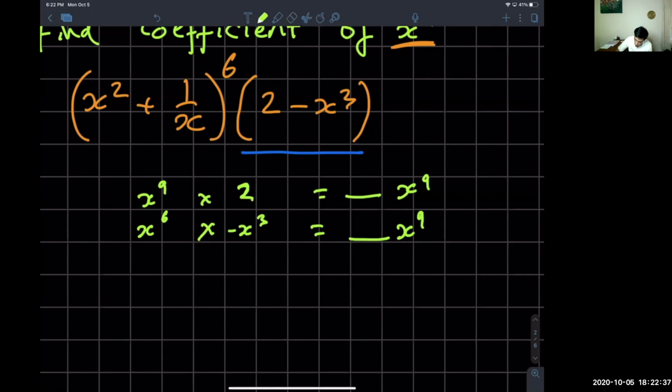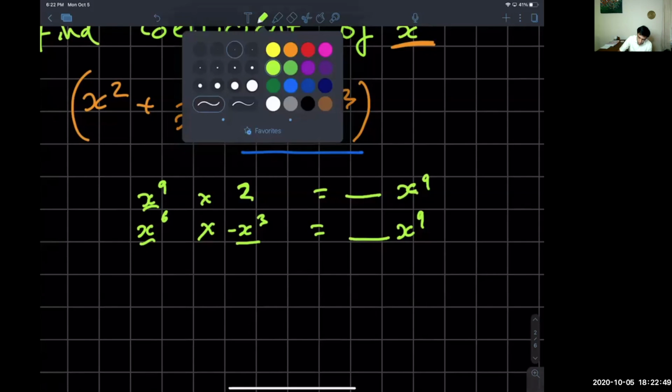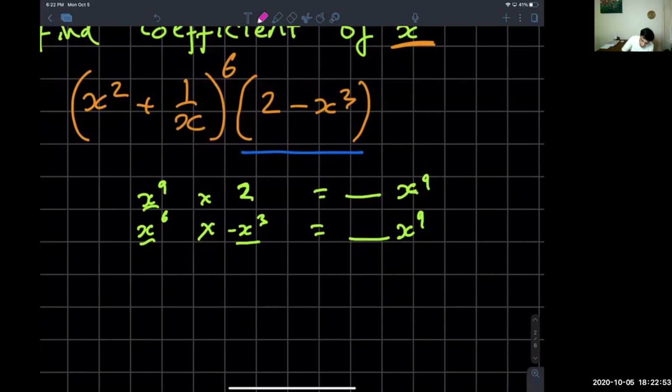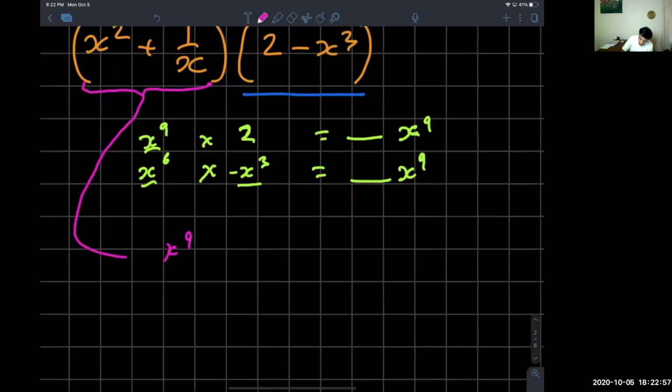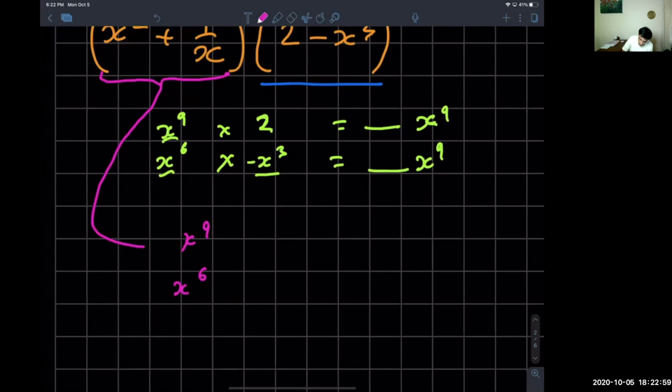We want something with x to the power 9 in the answer. So the coefficient can either come from x to the power 9 times 2 or x to the power 6 times negative x cubed. Keeping that in mind, in this expansion we want the x to the power 9 term and the x to the power 6 term.